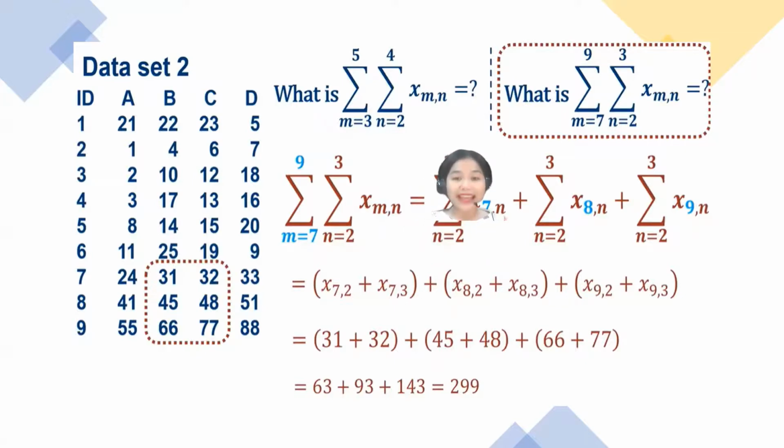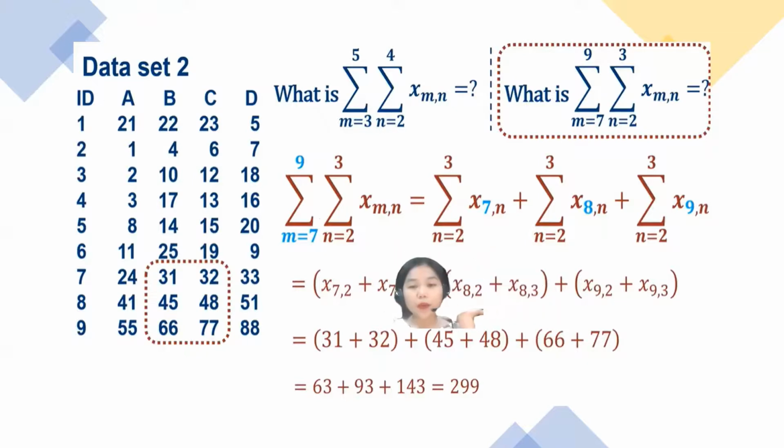So everything with n will be replaced by the range. So for the seventh row, we have here x7,2 plus x7,3, because it only goes up to 3.